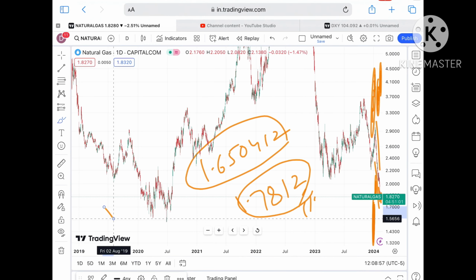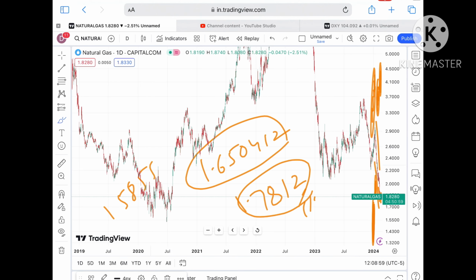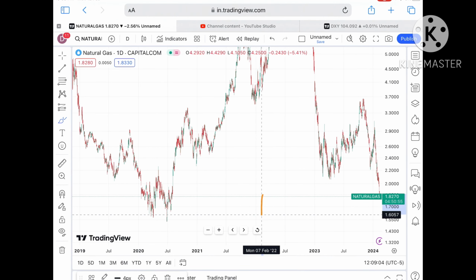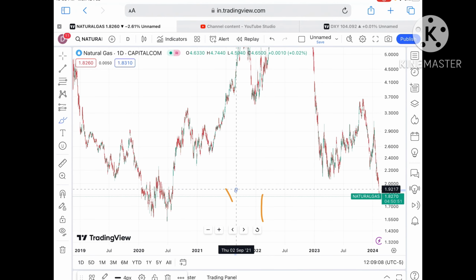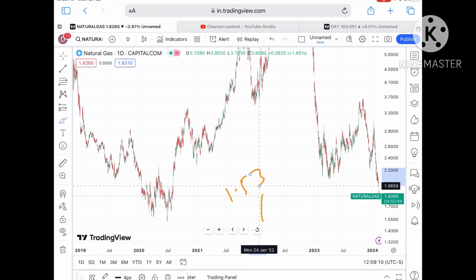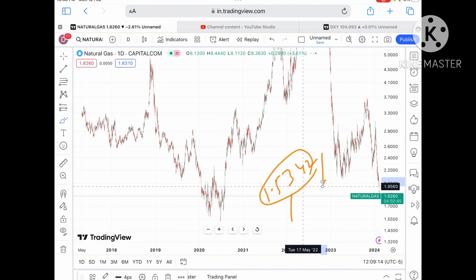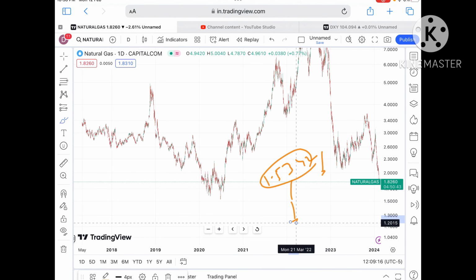And if that level moves further low, then a further downfall we can see towards a level of $1.5855. Okay, and this is the level if it starts going from 1.78 to a level of 1.58, and if the price moves below this level, a further downfall we can see towards $1.5342. Okay, if the price starts falling below that particular zone, a further downfall we can see.